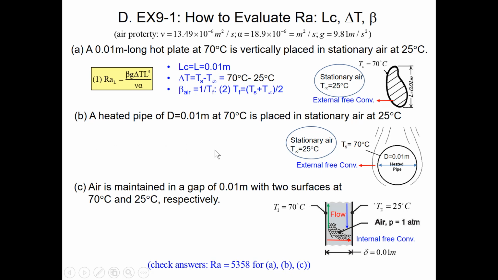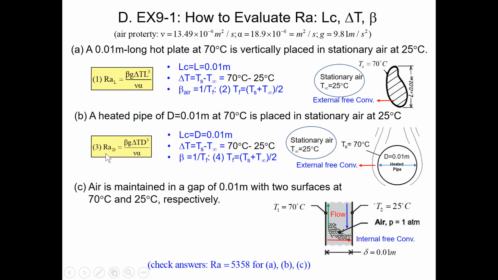B. There's a heated pipe with diameter D and temperature Ts placed in stationary air at T infinity. This results in external free convection between the pipe surface and induced moving air.